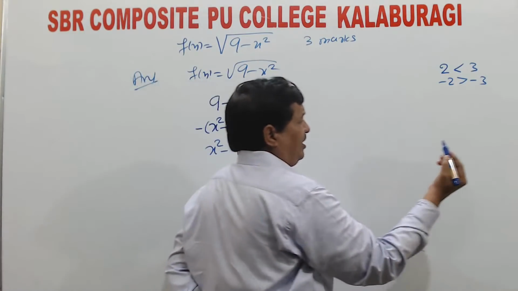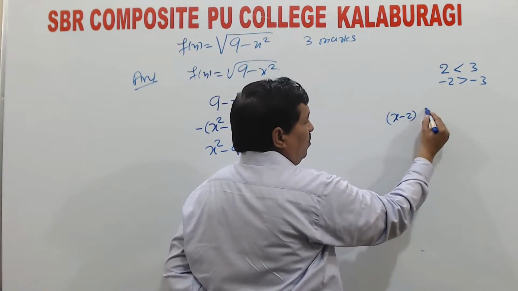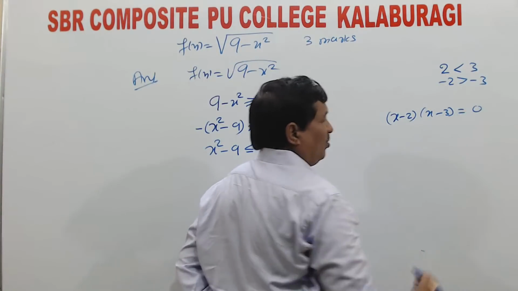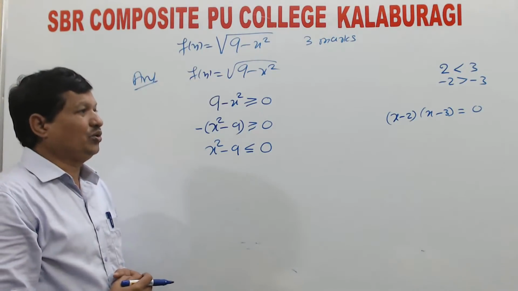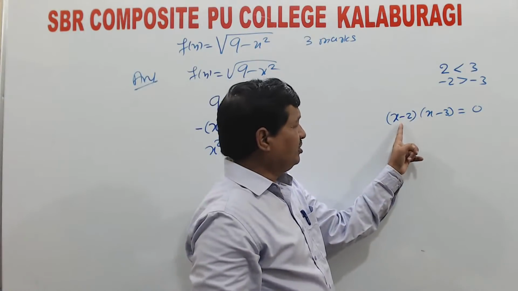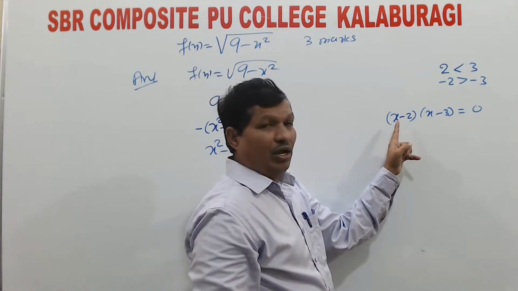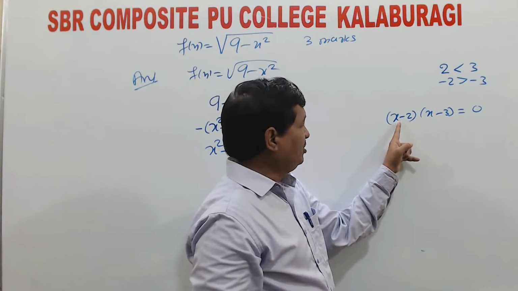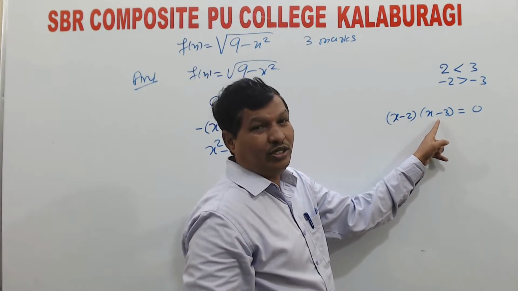Actually, it is an inequality here. Take x minus 2 into x minus 3 equal to 0. For what value of x is it equal to 0? Either this is equal to 0 or this is equal to 0. When this is 0, x equal to 2, and when this is 0, x equal to 3.